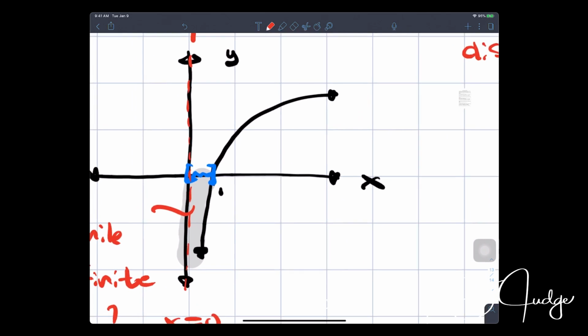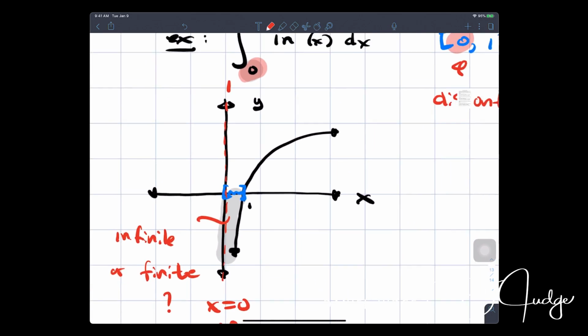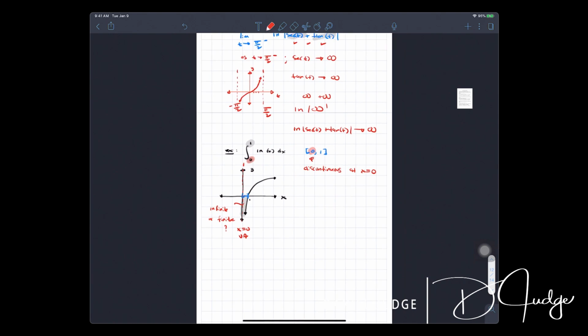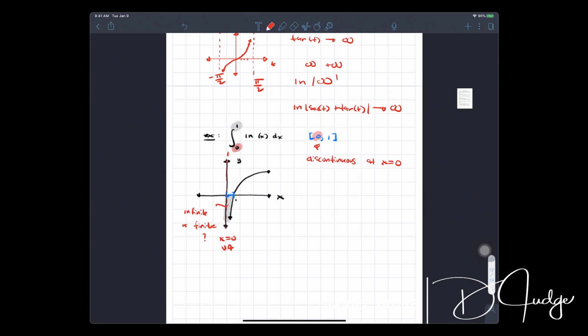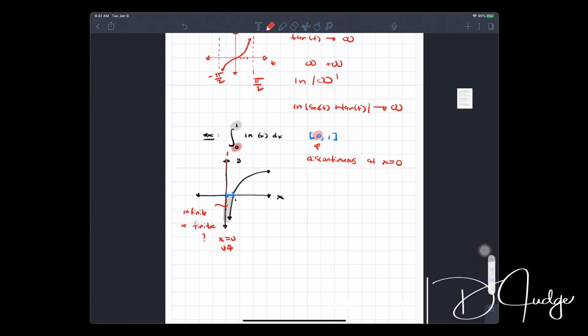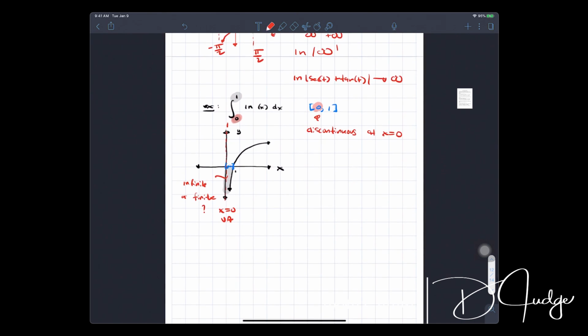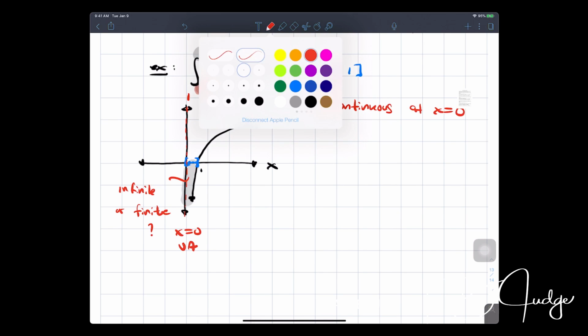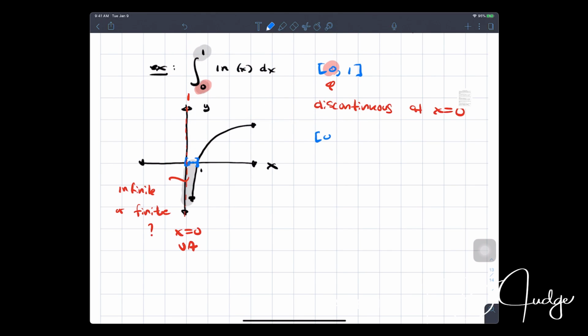Now, let's take a look. Here's the deal. And we're going to now have to approach this. This is going to be a continuous function, so you guys know technically we can say this function now is going to be continuous from 0 to 1 if the right endpoint is open.